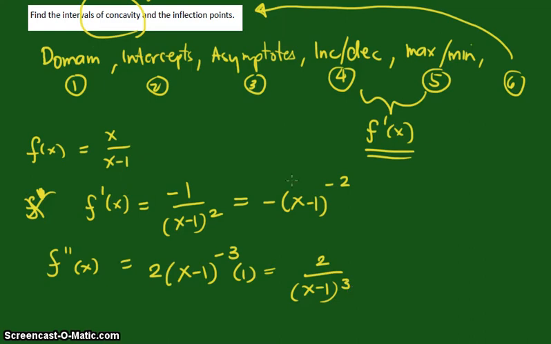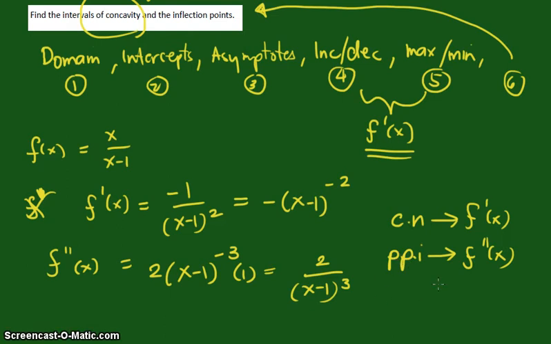Okay, so same idea. If we have a critical number for the first derivative, we have the possible points of inflection for the second derivative. It's a possible point of inflection because we have to test whether it is really a point of inflection.